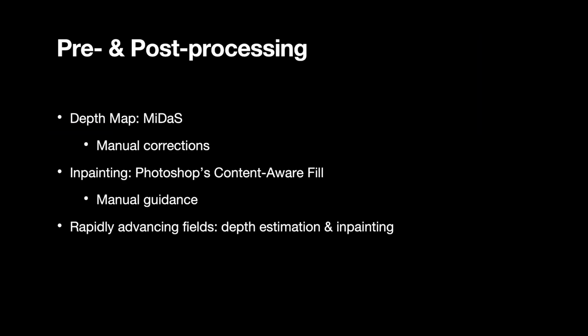For our results, we used Midas to obtain an estimated depth map, and for inpainting, we used Photoshop's content-aware fill. In many cases, we had to manually correct errors in the depth maps and provide manual guidance for inpainting. We give more details of this in the paper.